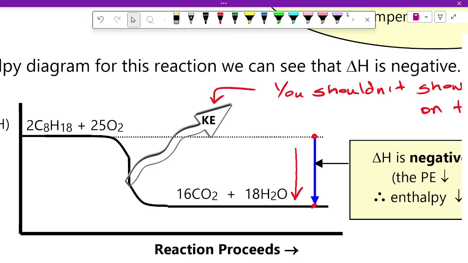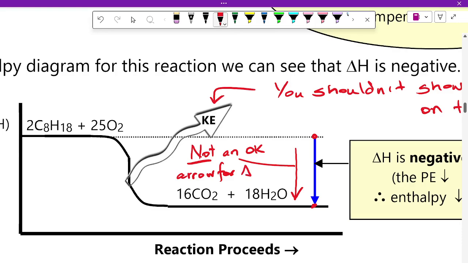It doesn't actually represent how much energy is lost. It just shows that it's going down, but not where. The amount is wrong. So start at the start, finish at the finish. Make sure you touch those lines.